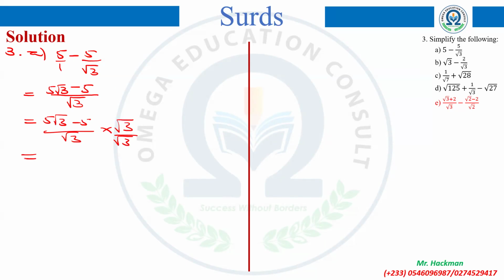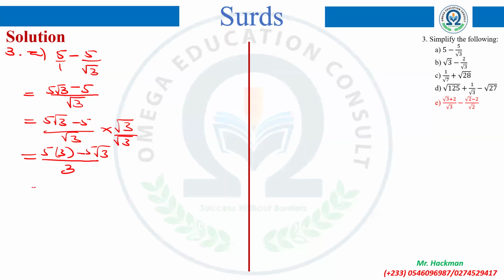So this will be equal to, the denominator will be easy to write, root of 3 squared, and that will give us 3. The numerator will be 5 root of 3 times this, so that will give us 5 times 3, because it will be 5 times root of 3 squared. Then minus 5 times this, which is 5 root of 3. All correct, are you following?